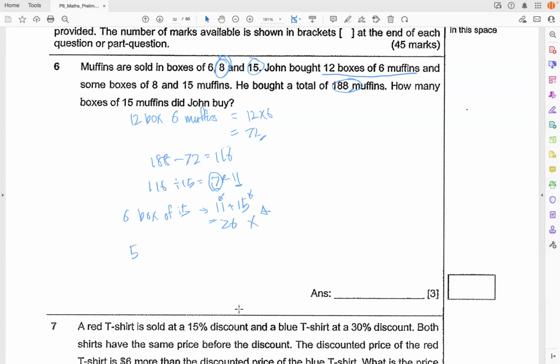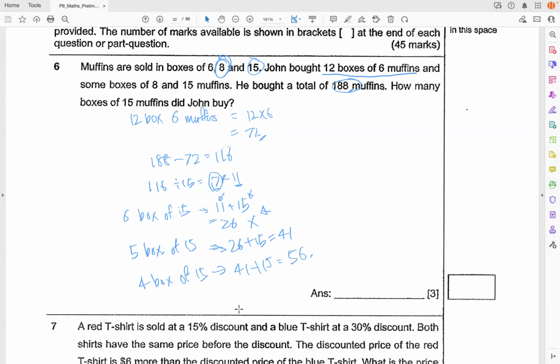So that's how you do 5 boxes of 15. Then earlier 26 plus another 15. These are remaining, okay? And this one you get 41. Also cannot be divided by 8. Now try 4 boxes of 15. 41 plus 15, you get 56.